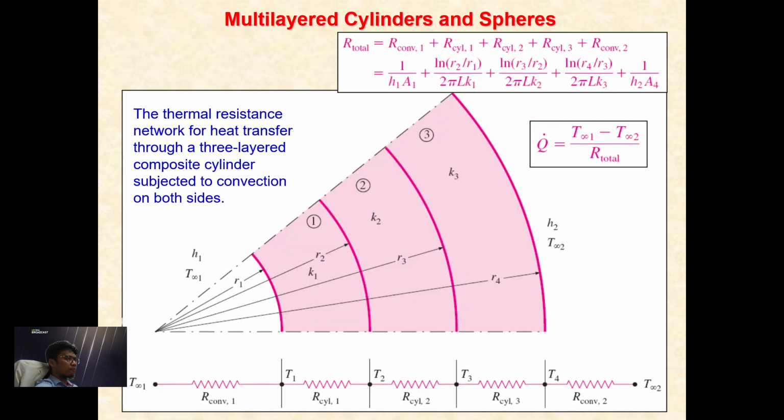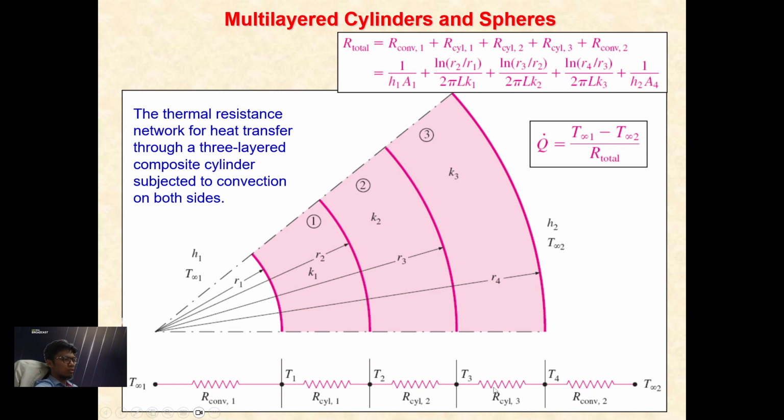How about if we have a multi-layer cylinder and sphere? It comes easy if you use a thermal resistance network. If you have a pipe, inside we have some convection, and the pipe itself has multiple layers. The first layer is the first resistance, the second layer is the second resistance.